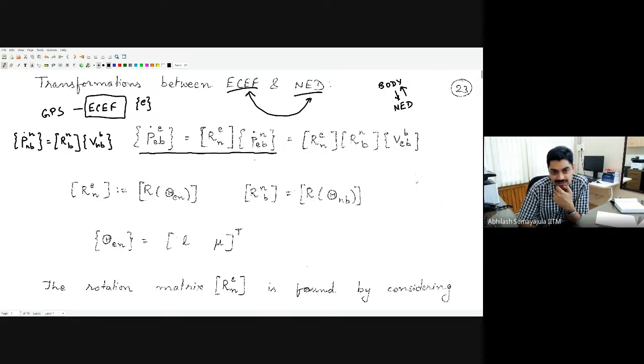It's kind of similar, but here the rotation matrix is from the N frame to the E frame. Now, this velocity, the velocity of the body with respect to the Earth center expressed in the N frame, can further be written as R^N_B times v^B_EB. Is this making sense?